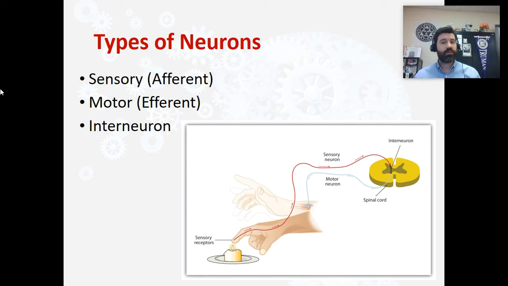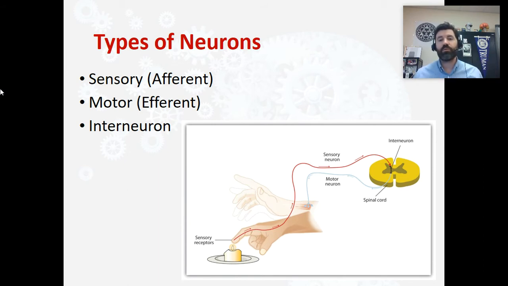Motor neurons do the opposite, though. Motor neurons are sending messages from our brain to our body. So when you withdraw your hand back from that candle flame, your ability to move your hand, think MO, move your hand, those are motor neurons. Just like the motor can help a car move, your motor neurons help your body move. Now, I have in parentheses afferent and efferent.